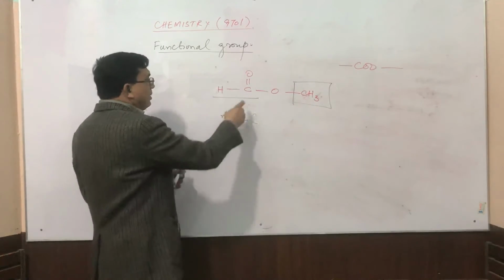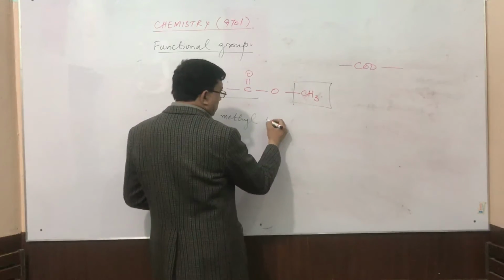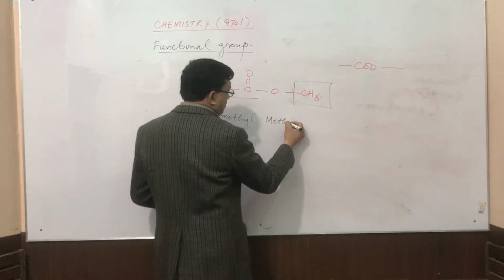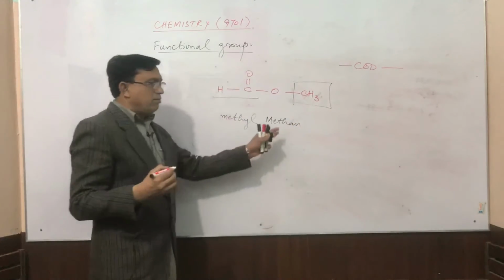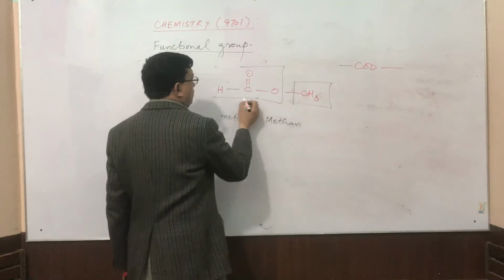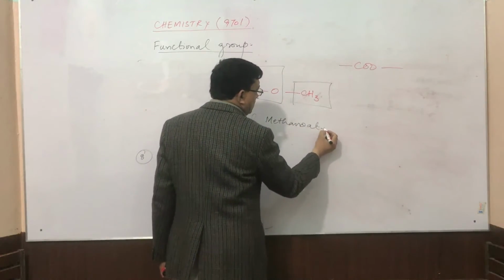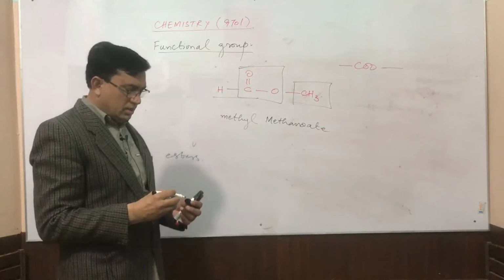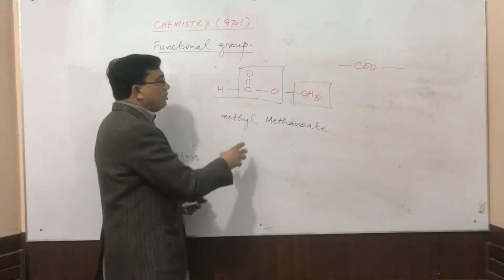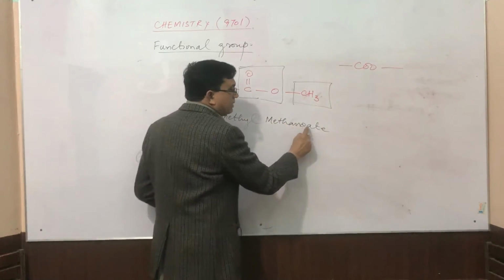Then how many carbon atoms are present on this side? 1. That's why the name methane will be written, but removing E, for this functional group we will write OATE at the end. So this will become the name of this organic molecule, methyl methanoate.